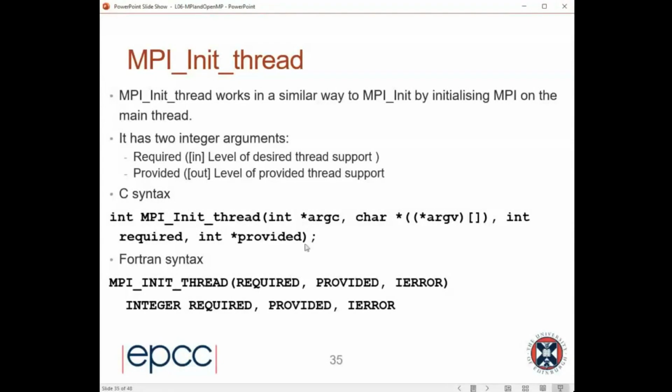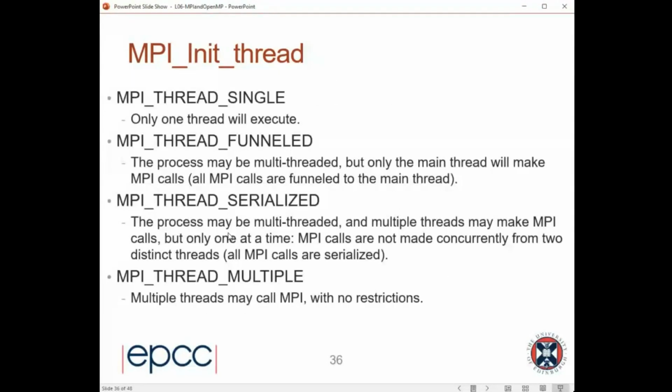That means it may not be able to provide what you wanted. So you can ask for MPI thread single, MPI thread funneled, MPI thread serialized, or MPI thread multiple. And these are guaranteed to be increasing in number, so that will be 0, 1, 2, 3, for example.